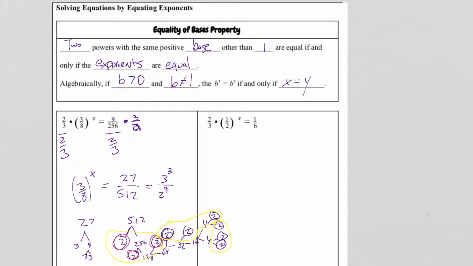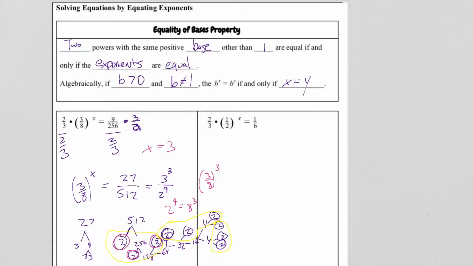So 2 to the 9th is the same as 8 to the 3rd. So now that you have 8 to the 3rd, x must be equal to 3. And so that's the first example.